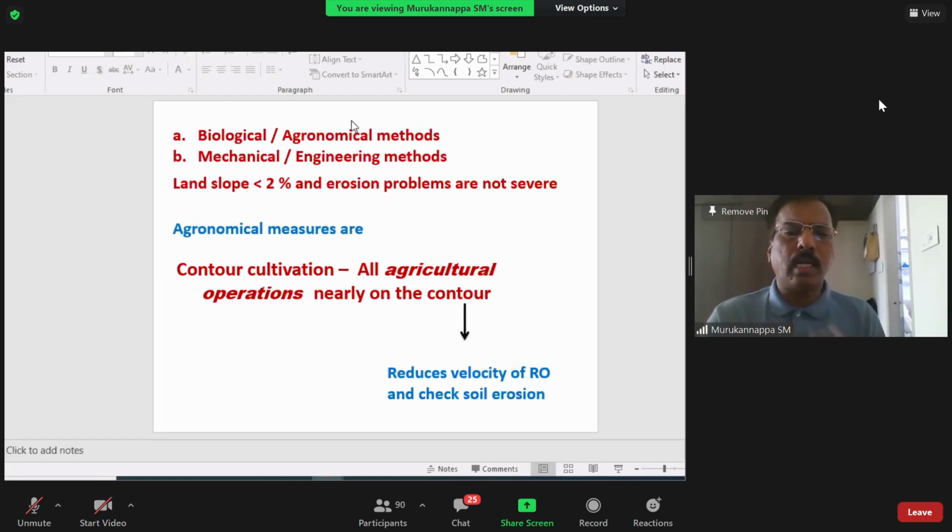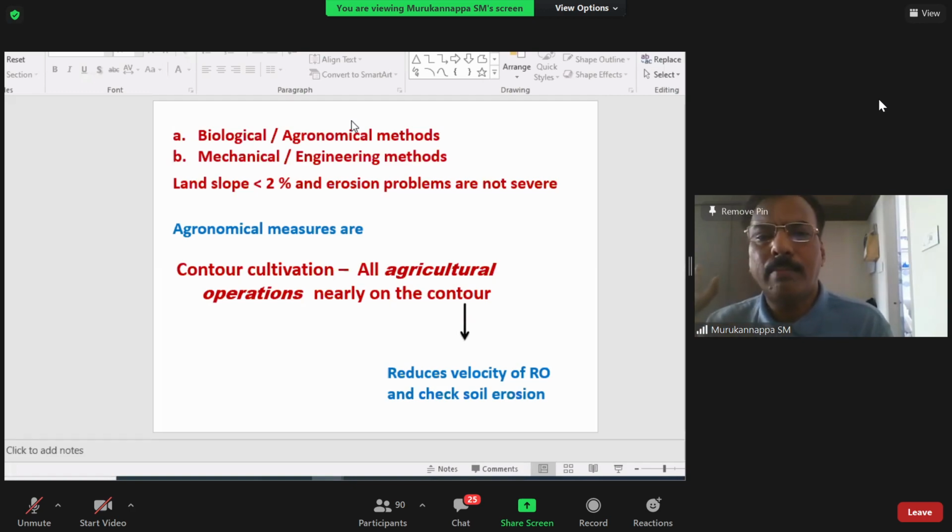The first category is contour cultivation. I told you, what is a contour? It is the joining of points of the same elevation, making a line. If you go for cultivation along the contour line itself, that is nothing but contour cultivation.